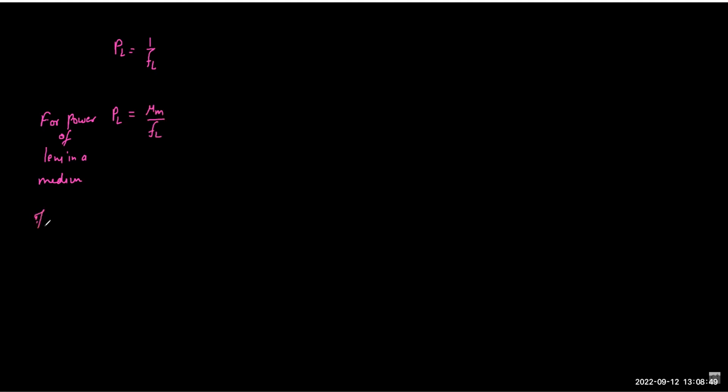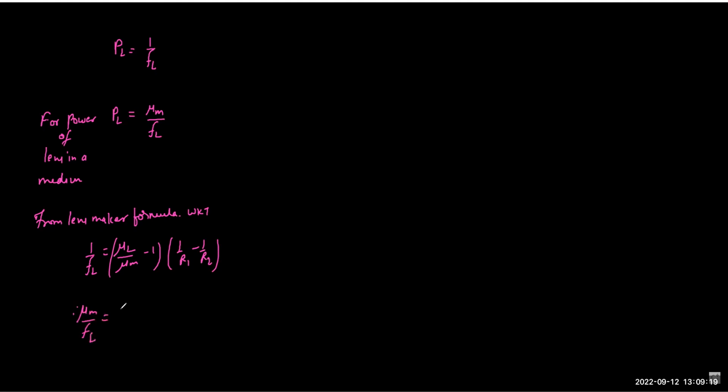And from the lens maker formula, we know that 1 by FL equals mu lens upon mu medium into 1 by R1 minus 1 by R2, and therefore mu medium by FL will become mu lens minus mu medium, times 1 by R1 minus 1 by R2. So in general, that was for air.